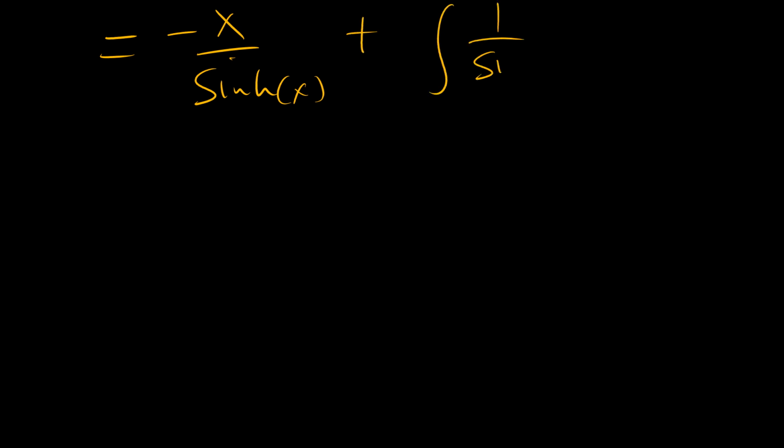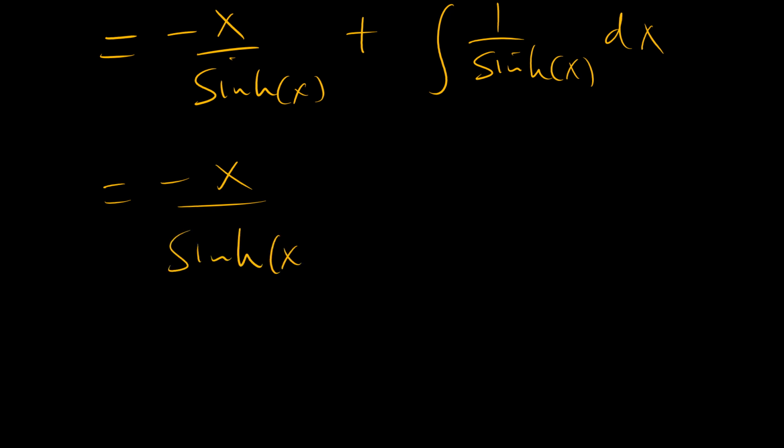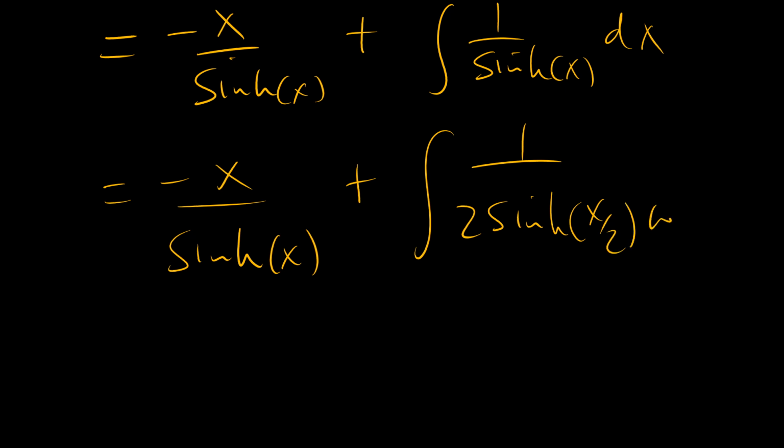Our problem is negative x over sinh of x plus the integral of 1 over sinh x. We can express this sinh x in the half-variable format, which is 2 sinh of x over 2 cosh of x over 2.